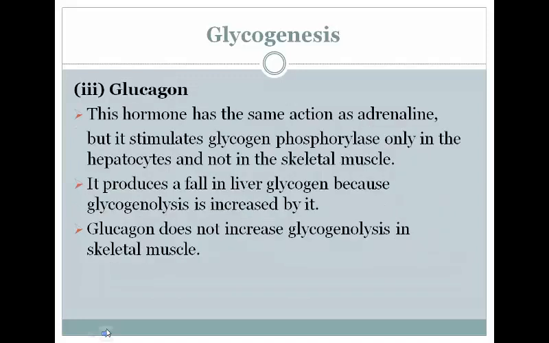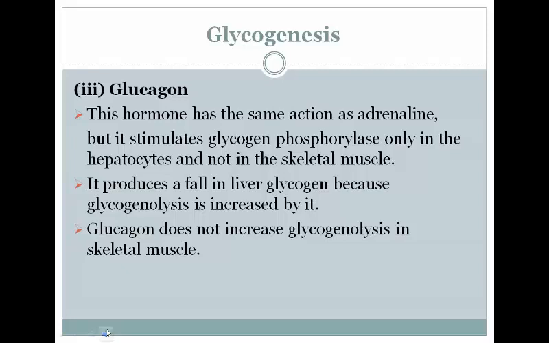The third hormone is glucagon, and this hormone has the same effect as adrenaline because it also stimulates glycogen phosphorylase. But this occurs only in liver cells, not in skeletal muscles as with adrenaline.